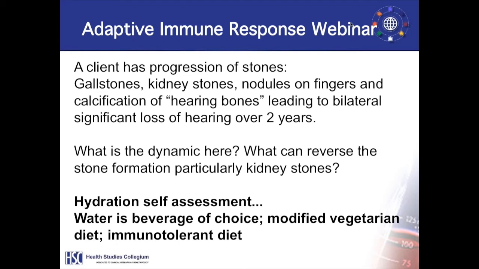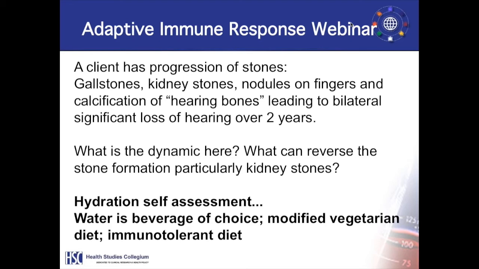And if you start with a well-hydrated dilute urine so that you prevent new stone formation, and you then eat a modified vegetarian diet, an immunotolerant diet, there are not immune reactions burdening the system and adding to the matrix in the urine. When water becomes the beverage of choice so that you are well hydrated, when you have a diet that doesn't contribute extra acid, especially from immune reactions, then you can actually dissolve kidney stones.